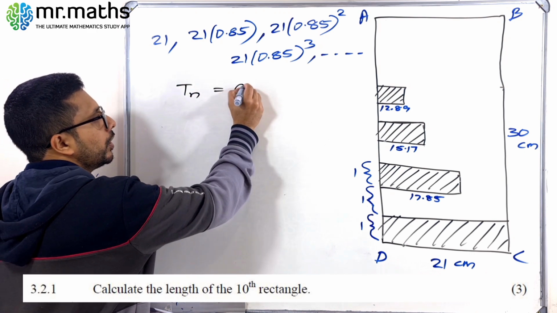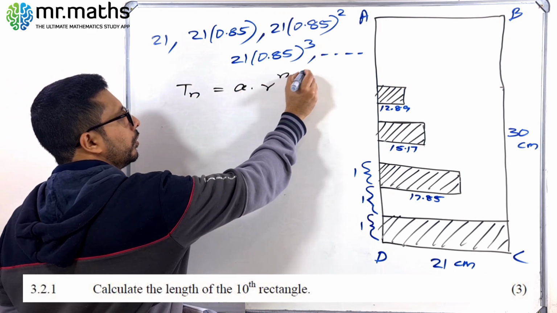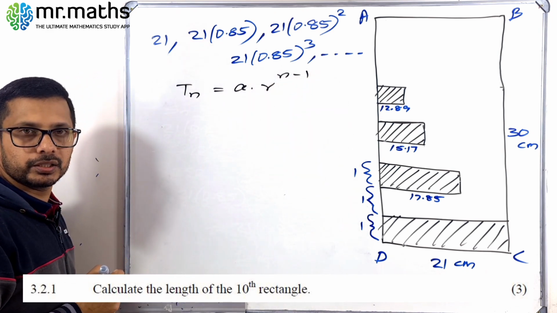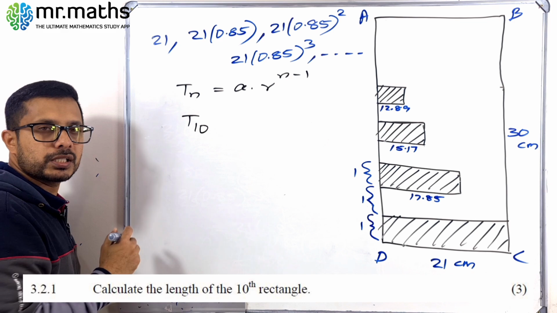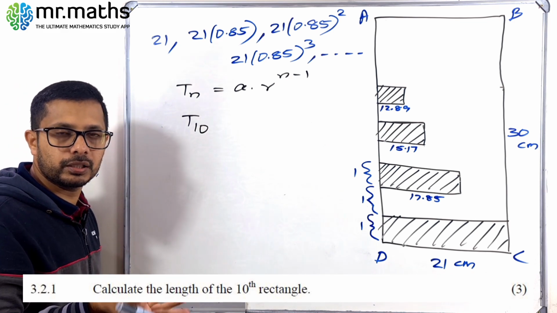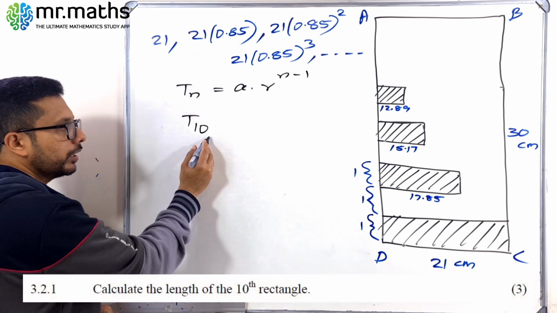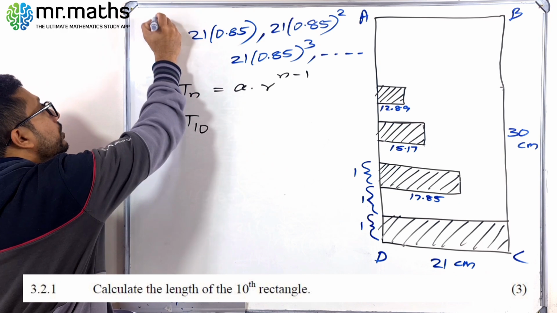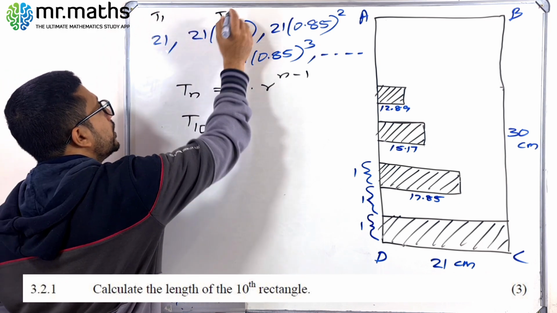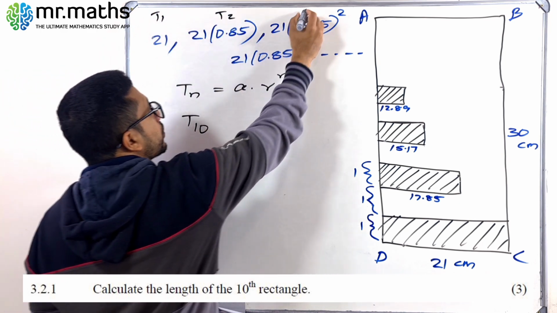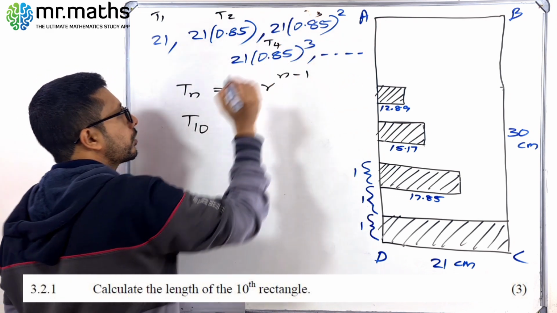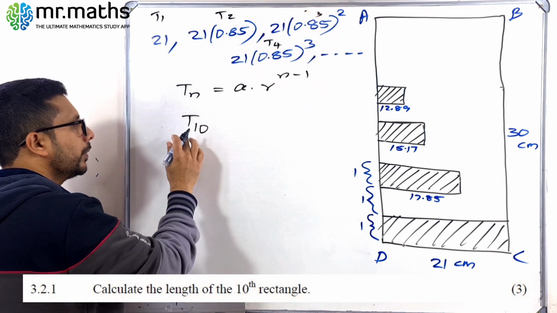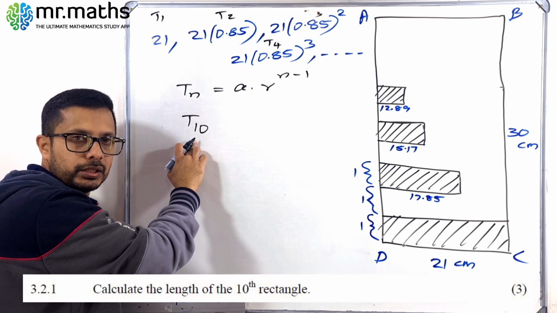Tn is equal to a times r raised to n minus 1. So we have to find the 10th term, the length of the 10th rectangle. This is the first term, this is the second term, these are the lengths. This is the length of the third rectangle, this is the length of the fourth rectangle.